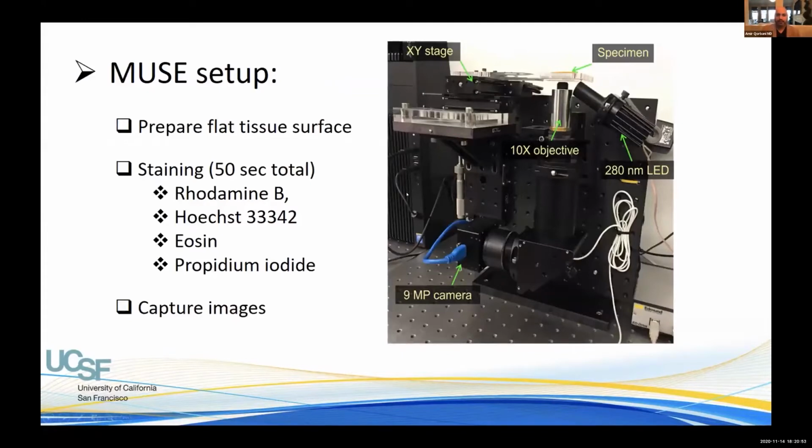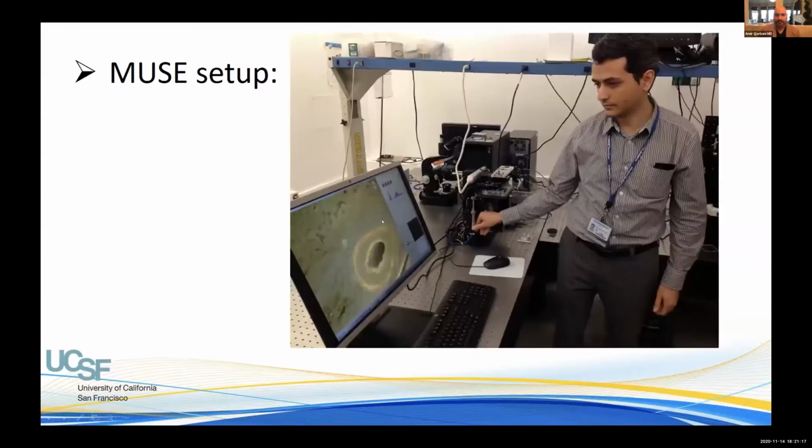This is the actual prototype that we use. It's not being made commercially right now; this is just at the research stage. We just need to prepare flat tissue and put the specimen in here. The staining takes just 50 seconds and doesn't damage the tissue, and then we can capture the image.